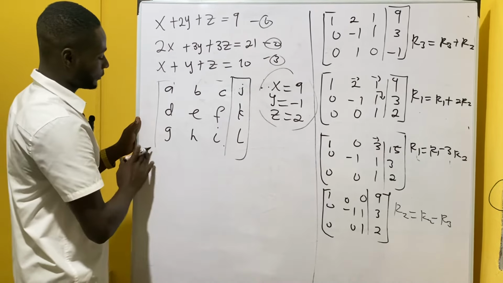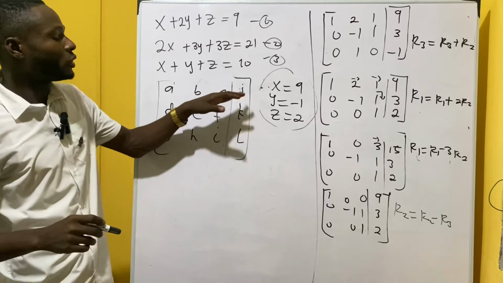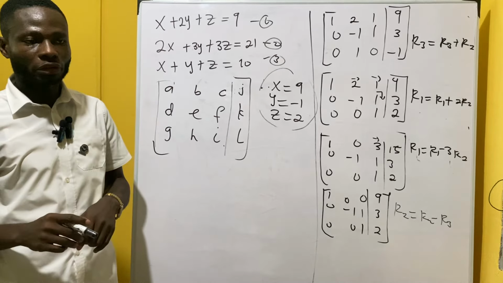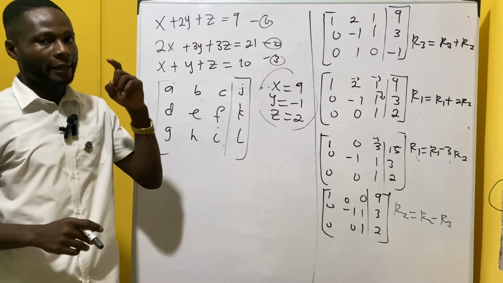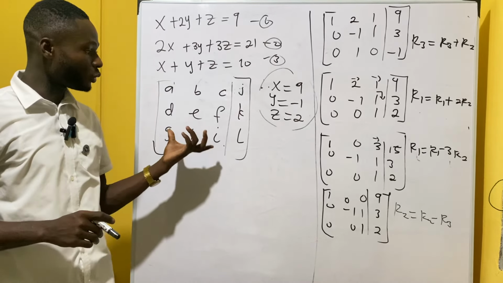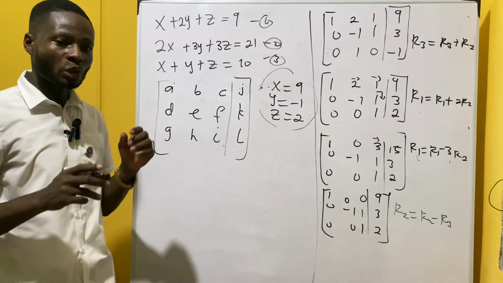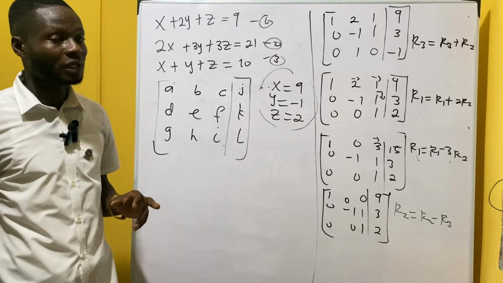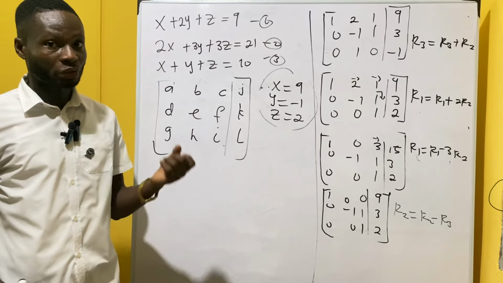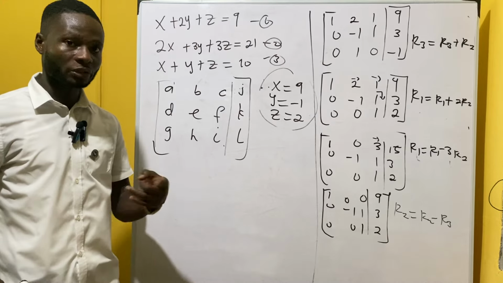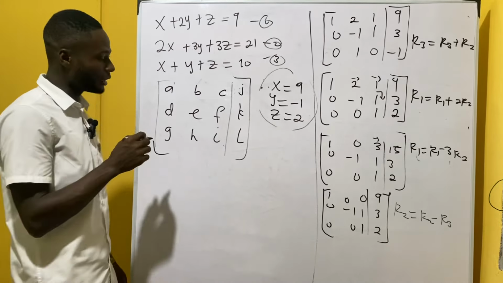When you augment it and you want to use either Gaussian elimination or the Gauss-Jordan method of elimination to find the values of the variables, what you have to consider the most is order. I know this is supposed to be known, but they don't tell us. So always make sure that you follow this order.